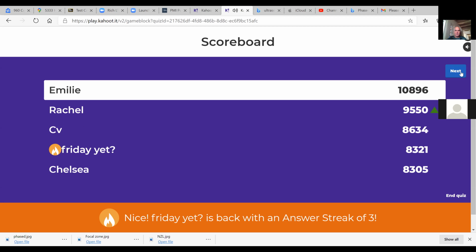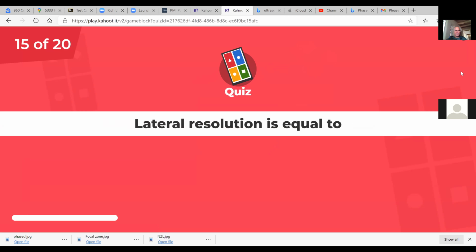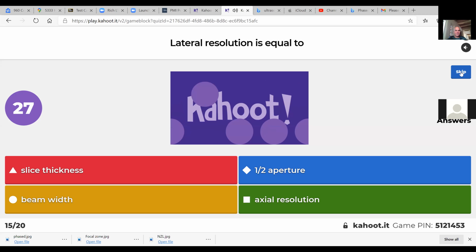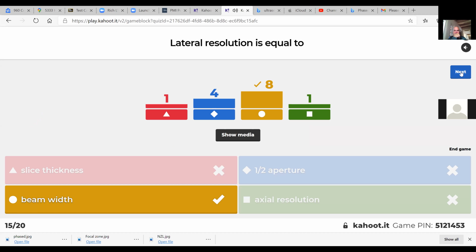Friday is on fire, this is coming up. Lateral resolution is equal to beam width.